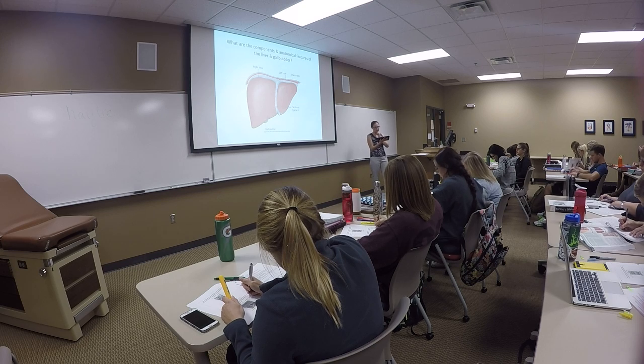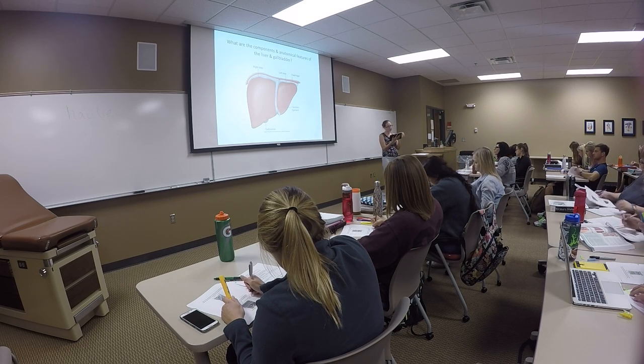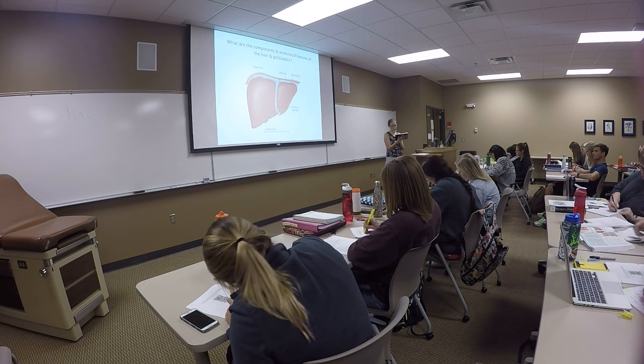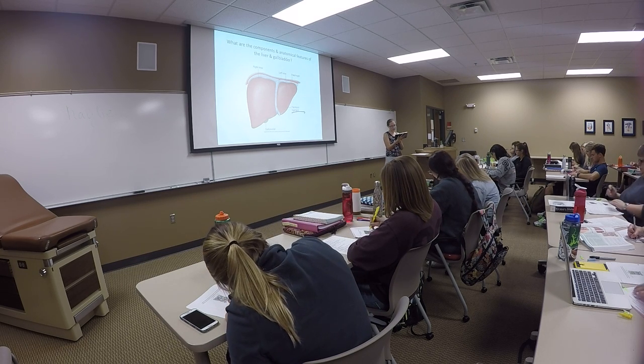Right, so then we've got obviously the right and left lobes of the liver, and you guys have been learning the ligaments that come out of it. So we've got here the falciform ligament, and this round ligament here.